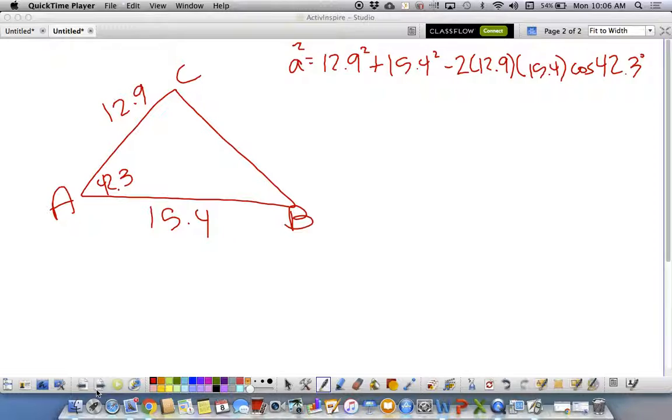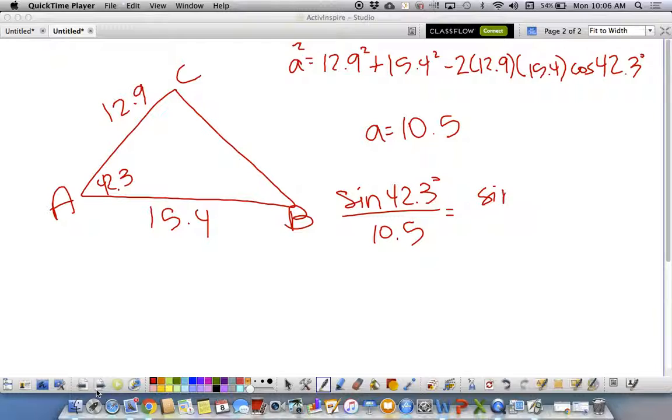Did everybody get 10.47? If we're doing decimals, we probably need 10.5. And then smallest angle, what are we solving for? I almost guarantee we need B first.